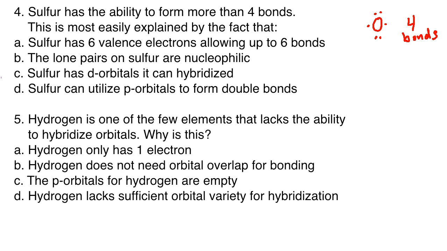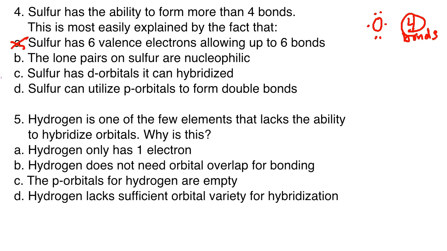If I'd like to form 6 bonds, I will need at least 6 electrons, but that's not the main reason driving why I can form more than 4 bonds. Case in point, if I give my oxygen here the bonding ability and it has 6 valence electrons, it can still only produce 4 bonds max. So this is out. This is not the best answer here.